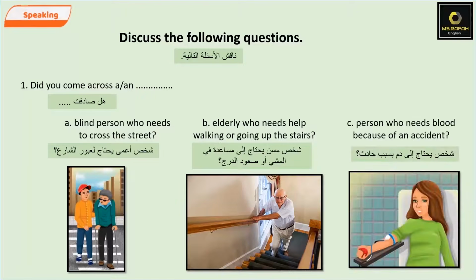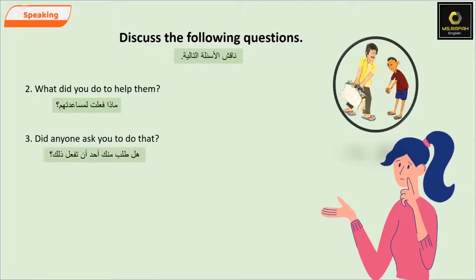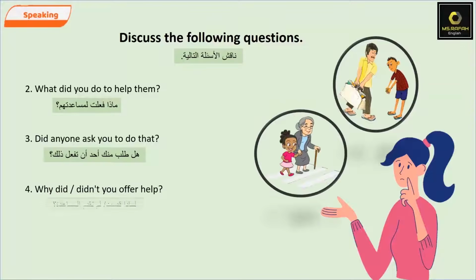A person who needs blood because of an accident? What did you do to help them? Did anyone ask you to do that? Why did you or didn't you offer help?